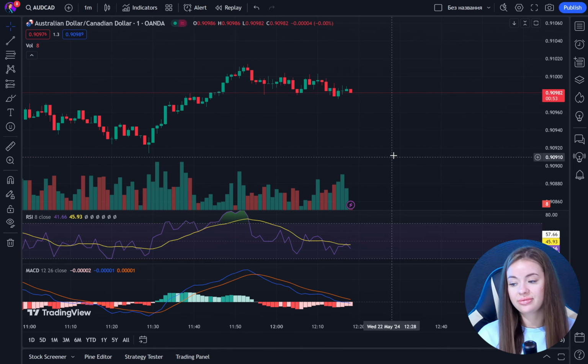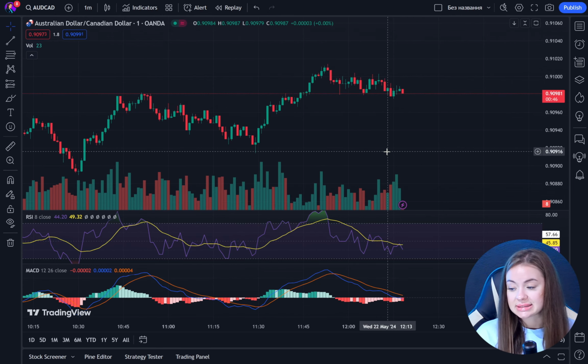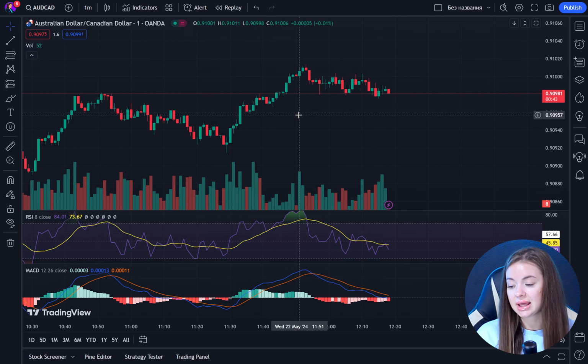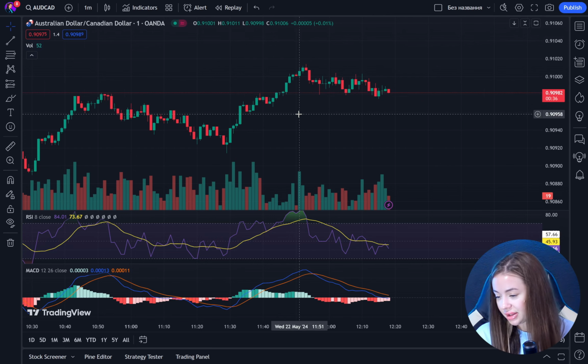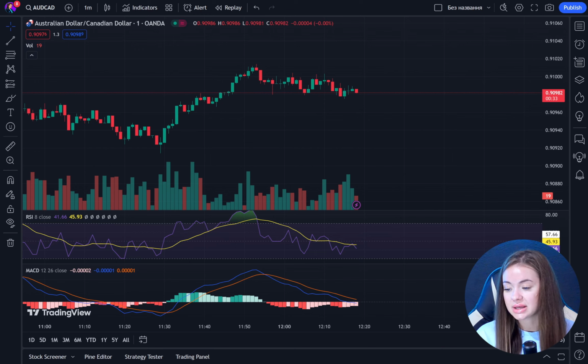Again, we see favorable conditions for opening a short trade using the RSI and MACD indicators. The RSI is slightly below 50, indicating a continuation of the downward trend. The MACD line remains below the signal line and the histogram shows negative values, confirming the increased bearish pressure.